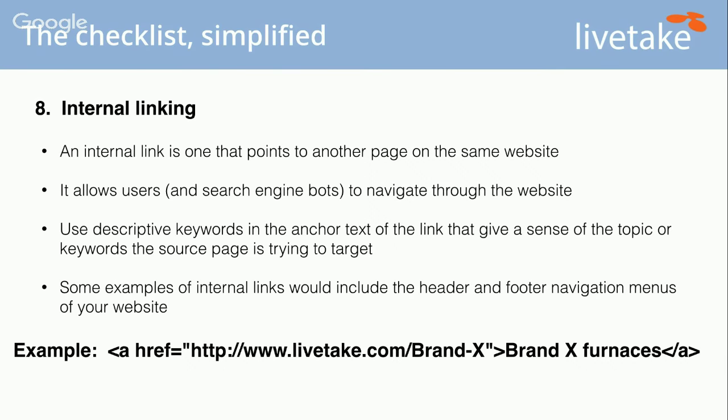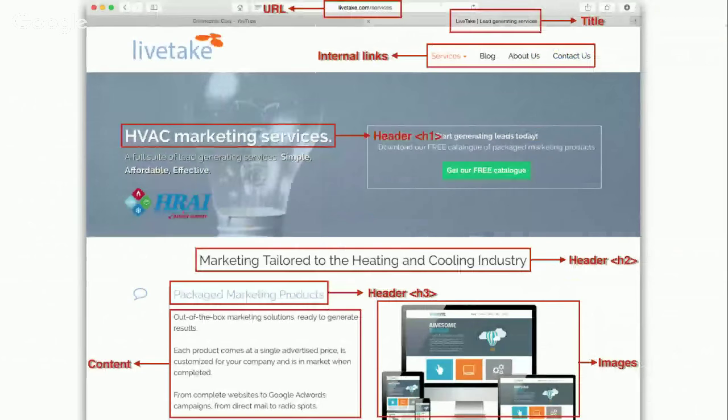Now, if we take my website again as an example, it's a bad example because it says services. I wouldn't recommend that you do that on yours, but rather you put HVAC service and repair, as an example, for service. At the top right there, that's where my navigation bar is. It's probably where yours is on your site, but use words that contain the actual keyword you're trying to optimize for.